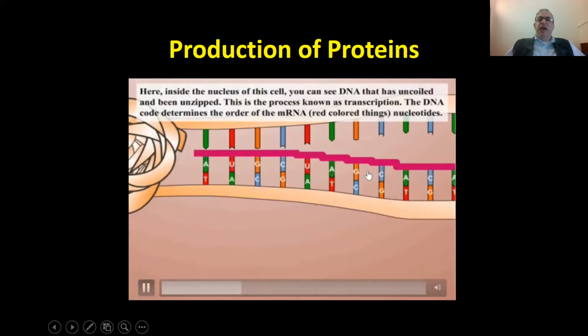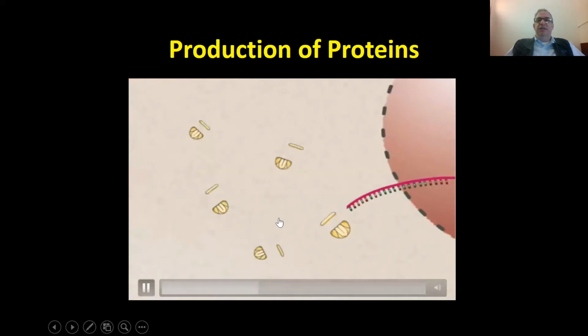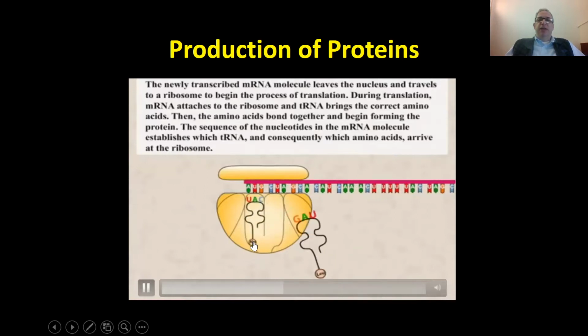The message is complementary to the DNA strands, and then it gets transported outside the cell into the cytoplasm, where there are ribosomes, and the ribosomes use transfer RNA to basically make the protein. You can see here 3 amino acids making three segments of DNA, letters making each of the proteins. And here you are, manufacturing a protein.